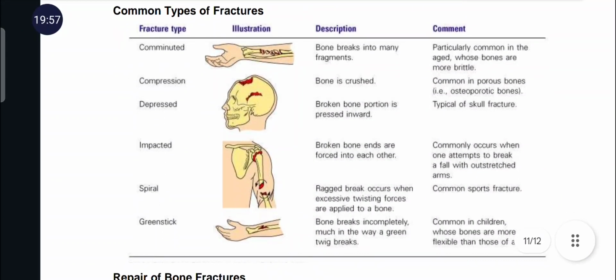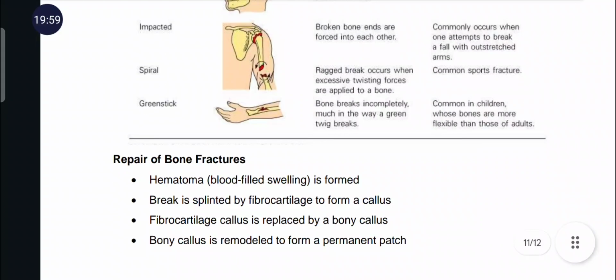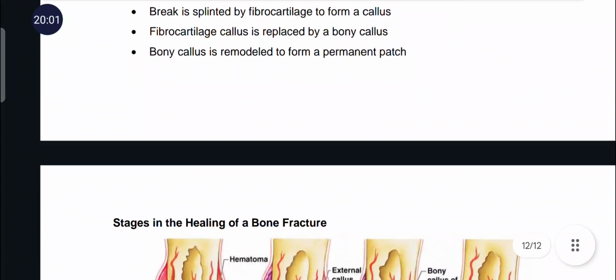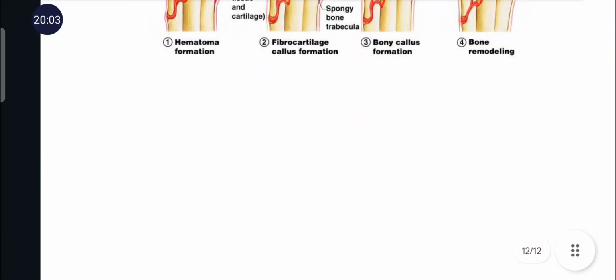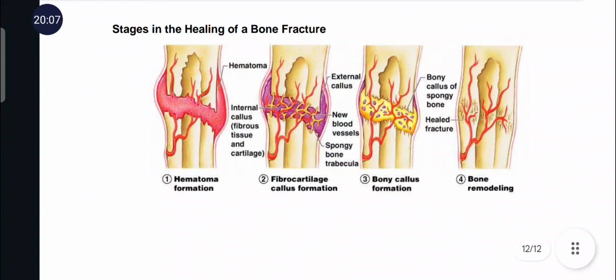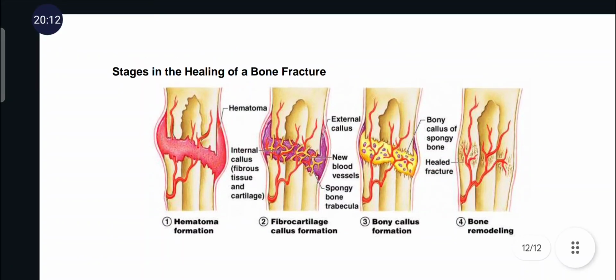In this diagram you can see that the fractured bone gets remodeled in several steps like hematoma formation, fibrocartilage callus formation, bony callus formation, and bone remodeling.